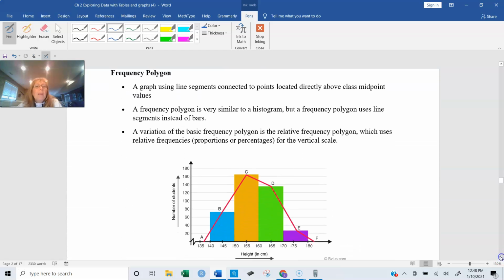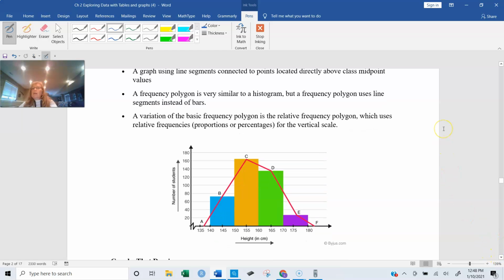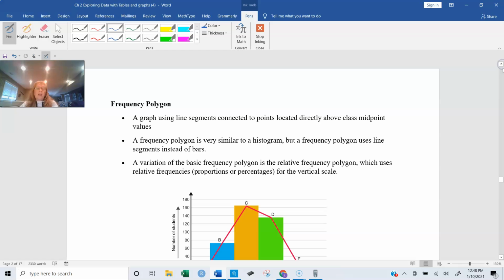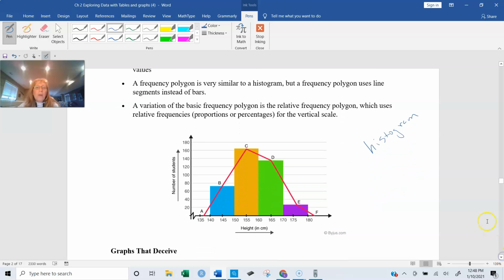Now, a frequency polygon. Our frequency polygon is actually very easy, and you've already graphed these, because what we do is we take the midpoint values of our charts. So we're going to look at a histogram. You look at the histogram that you've already drawn, then you find the midpoints of all of those values.